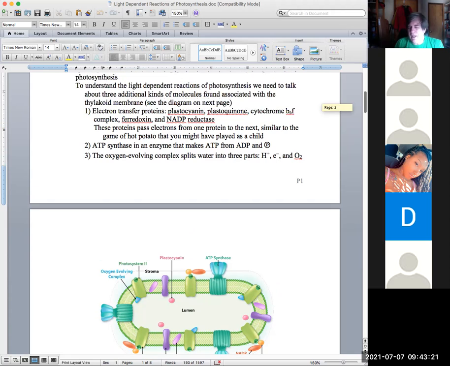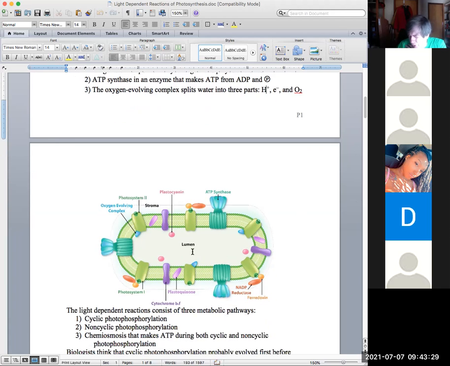So we have pigment molecules, which are organized into photosystems. And on this diagram here, the photosystems are the green blobs. And the oxygen evolving complex are these little blue circles.